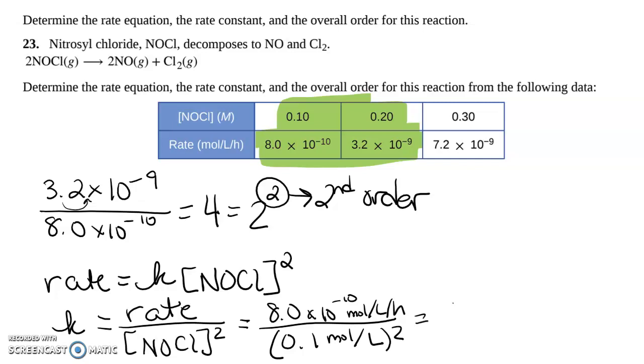Okay, and that's going to give me a final answer of 8.0 times 10 to the minus 8. And my units for a second order reaction are going to be liters over moles, or inverse moles, over hours, or inverse hours. Okay, so that's going to be my final answer for the value of k.